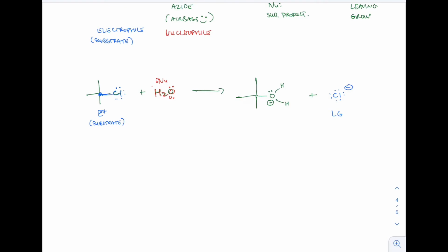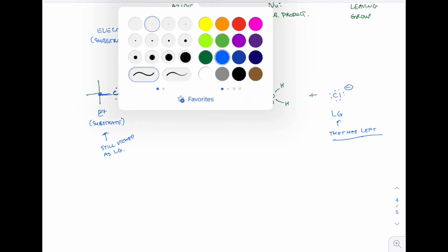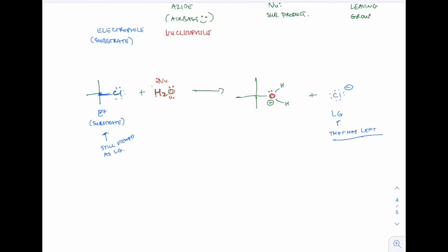Now again, that chlorine or chloride is the leaving group, the substrate right there. When it's on the substrate, it's still viewed as the leaving group. It's just that after, on the right side of the reaction, it has left. That leaving group has left. So that's just to make that distinction. It's not just a leaving group on the right side only.